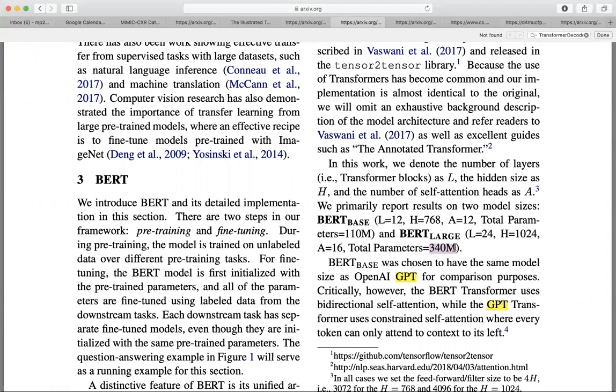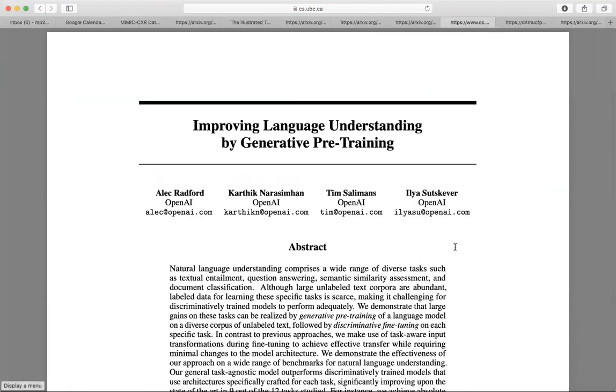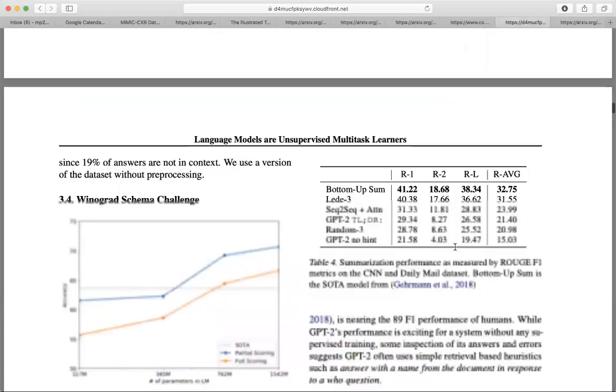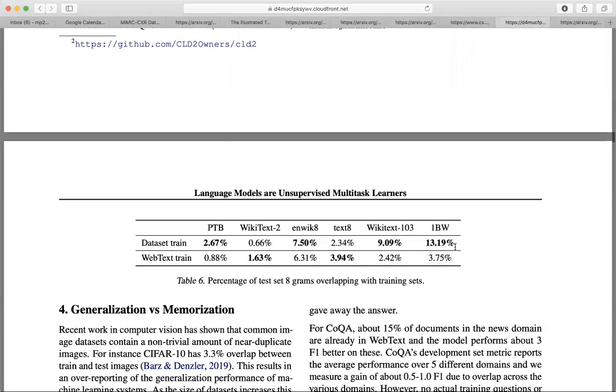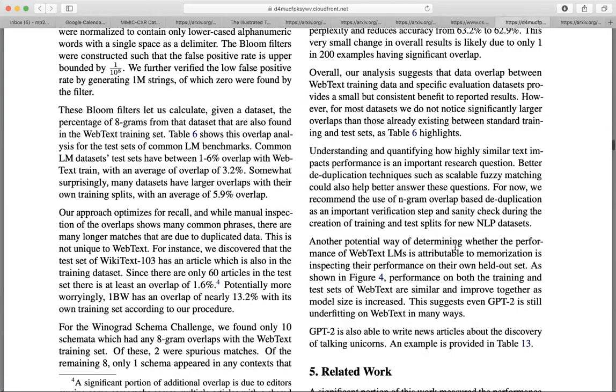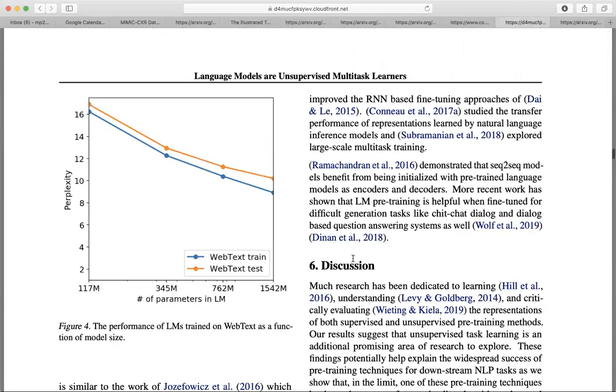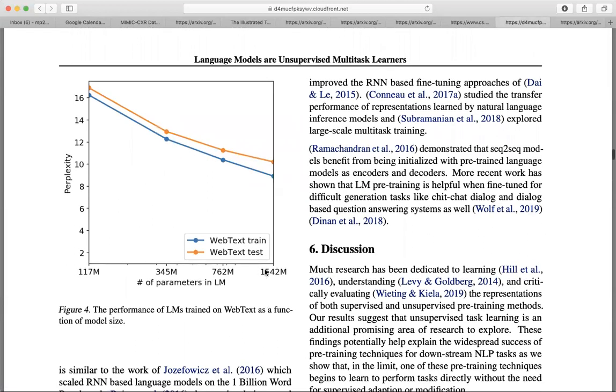But GPT-2 is using 1.5 billion, I think, 15억.